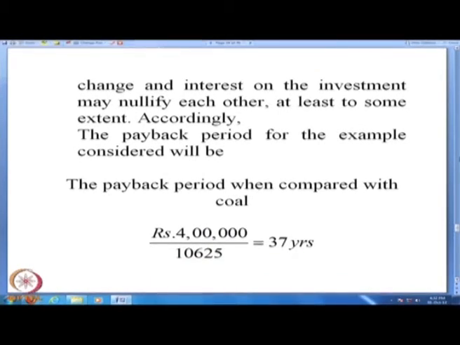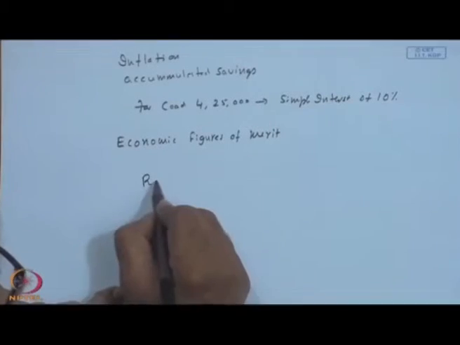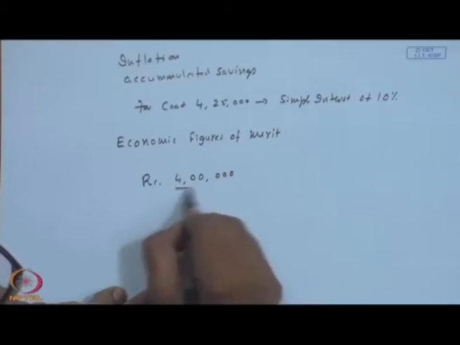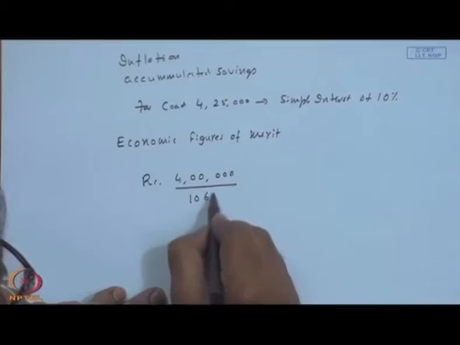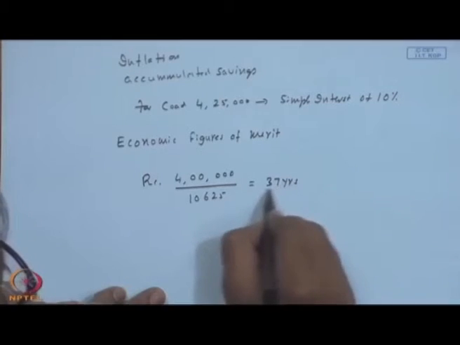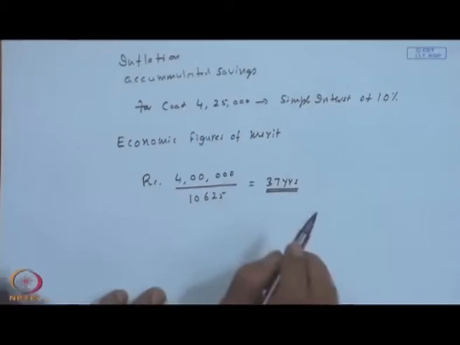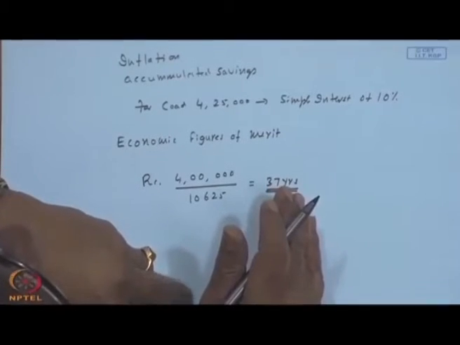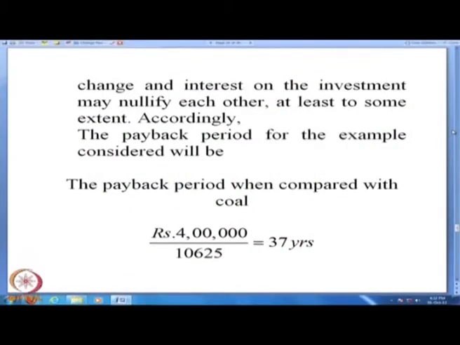Accordingly, the payback period when compared with coal will be Rs 4 lakhs, the system cost, by 10,625, which comes to 37 years, which is more than the expected savings, 20 years of lifetime or whatever we have assumed. Okay, these are the orders of magnitude, and if the price is very high, it will come down.